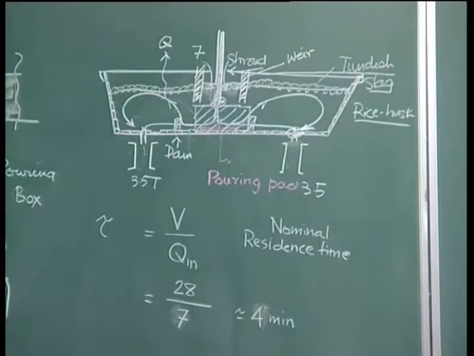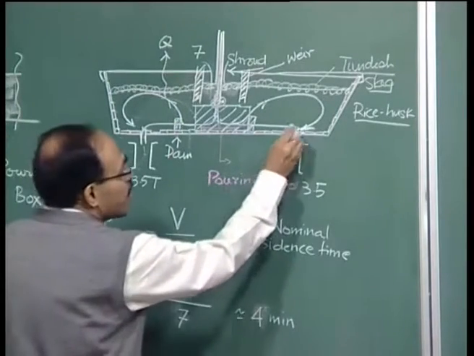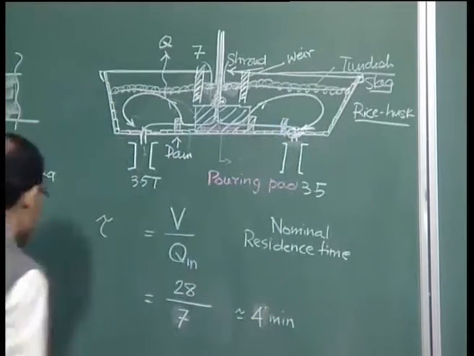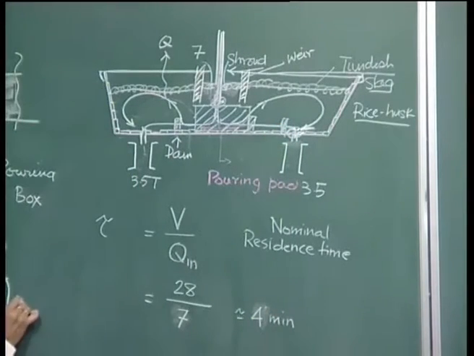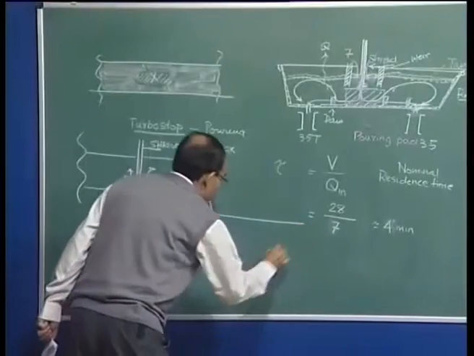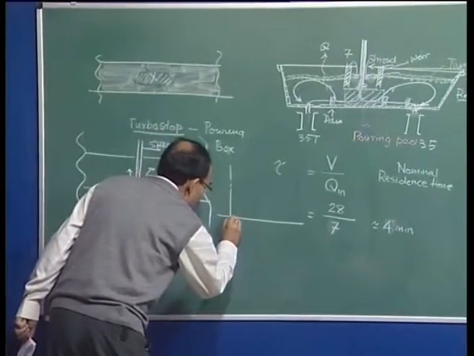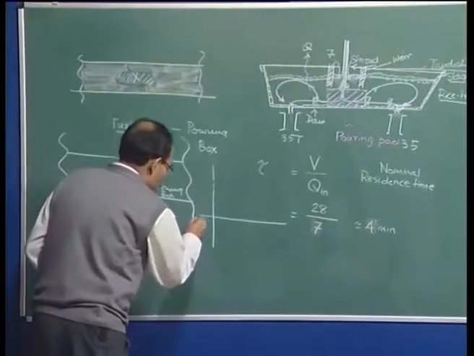But we must understand that if you do not have, for example, a near strand dam in most of the cases, let me draw a separate figure to illustrate this concept. So this is the center line, and this is half of the turbo stop I am showing you.